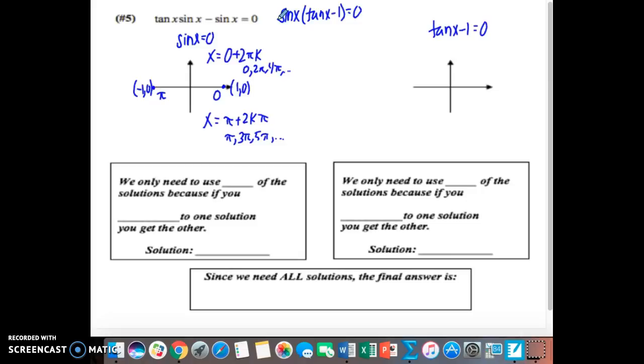But looking at these, it's easy to notice we only need to use one of the solutions, because if you just add pi to one solution, you get the other. So our solution could just be x equals 0 plus k pi, or just k pi.